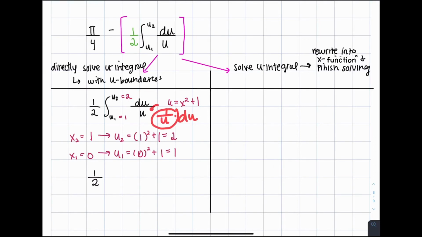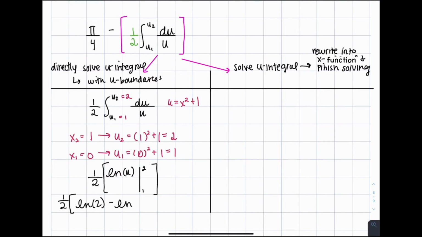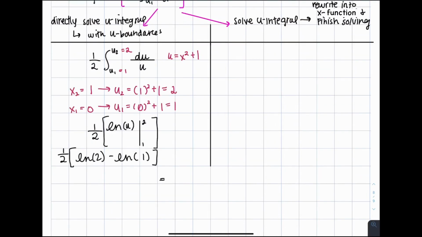A reminder that the integral of 1 over u is a natural log of u. So we'll end up with 1/2 times the natural log of 2. So now let's try the right side.